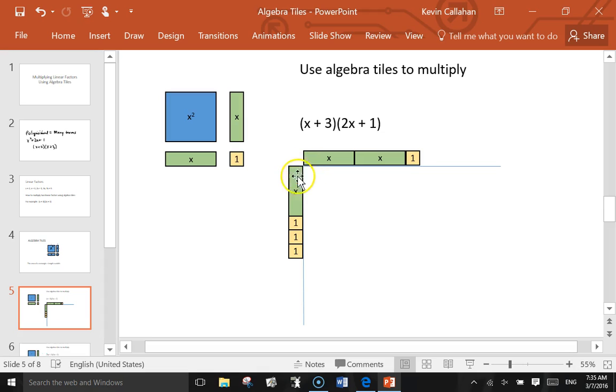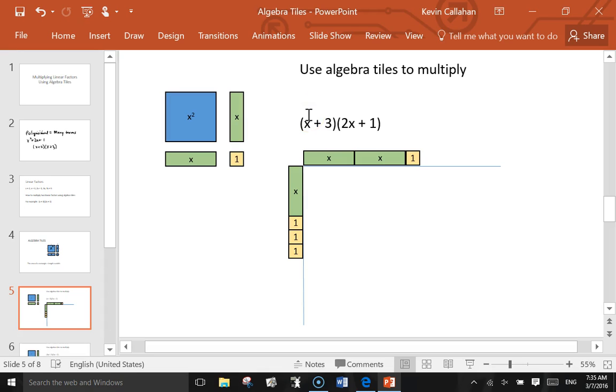So notice that I've used one x tile and 3 1 tiles on the left side. And on the top, I've used 2 x tiles and 1 1 tile. So that's 2x plus 1. That's this factor right here. This one is x plus 3. That's this factor right here.